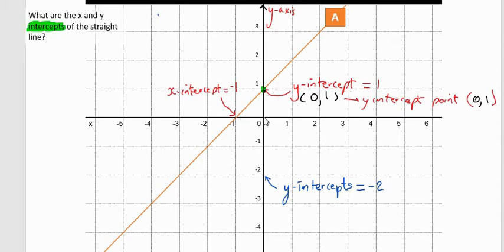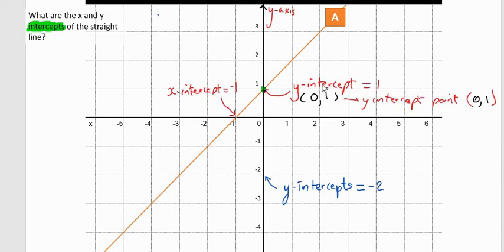1 unit simply means from 0 to 1 is 1 unit, from 1 to 2 is 1 unit, from 2 to 3 is 1 unit. But specifically, looking at this point, its y-intercept is 1 because it cuts the y-axis at 1. And the y-intercept point's location is 0, 1.